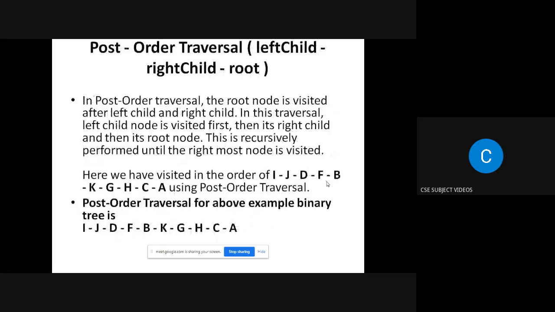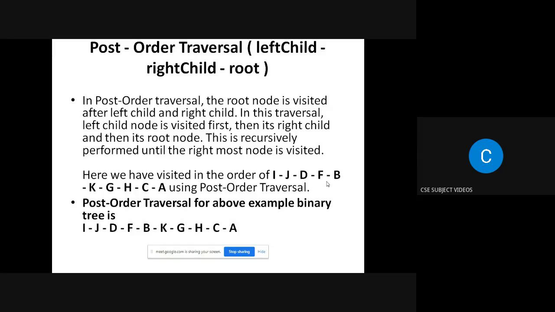Post-order traversal. So it is in the mode of left child, right child, root. In post-order traversal, the root node is visited after the left child and right child. In this traversal, left child node is visited first, then its right child and then the root node.